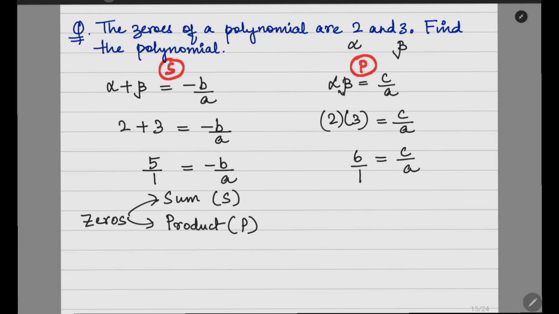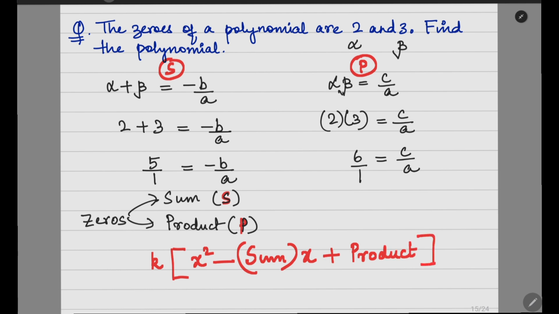You can form a polynomial using the expression k multiplied by x square minus the sum of zeros, multiplied by x, plus the product.